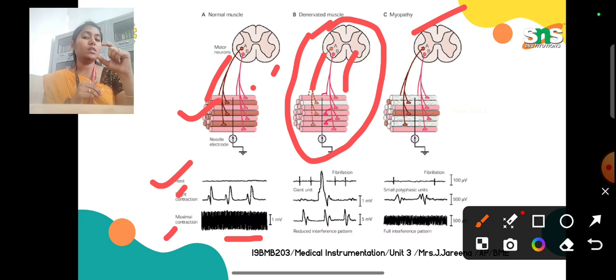Here the muscle nerve is damaged. Because of that, the muscle gets its action potential response very late. As a result, the contraction and relaxation process is also late.